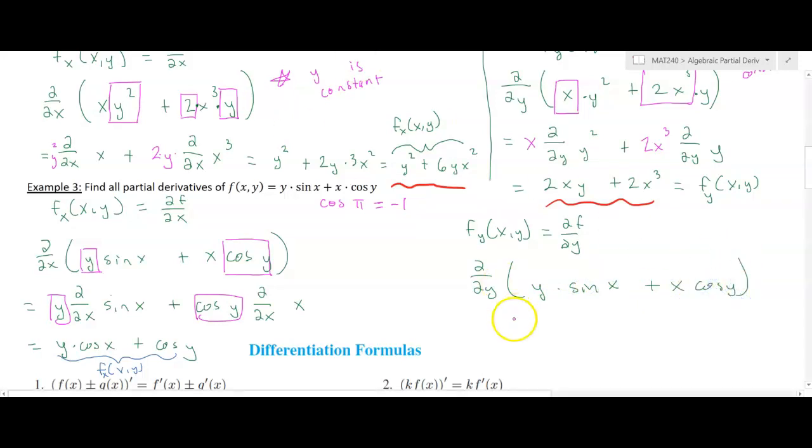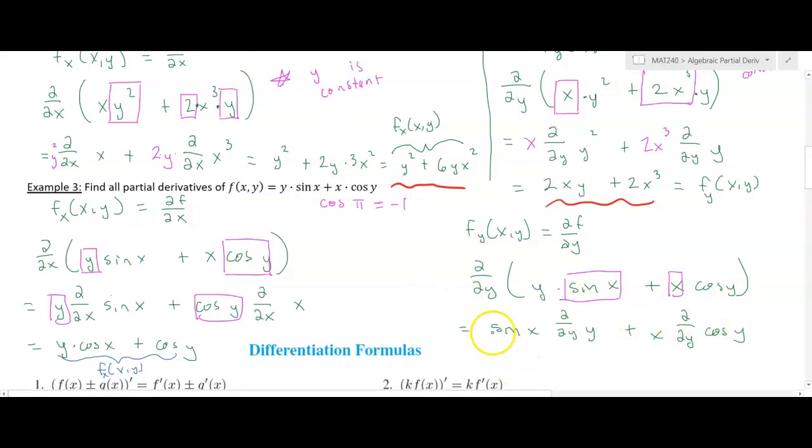So I have sine of x, that's going to be a constant. X is going to be a constant, and so those are the coefficients I'll be able to factor out when I apply that partial derivative. So I'll have sine of x times the partial with respect to y of y plus x times the partial with respect to y of cosine of y.